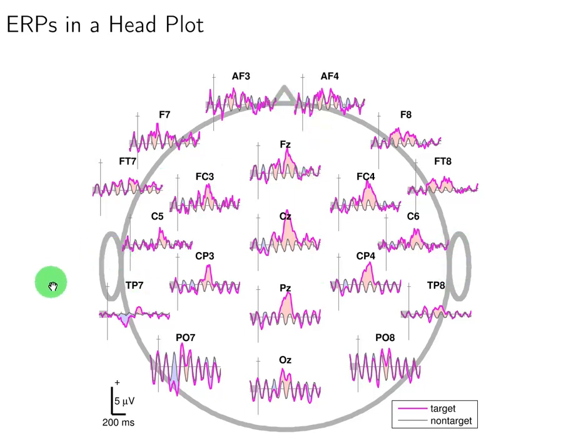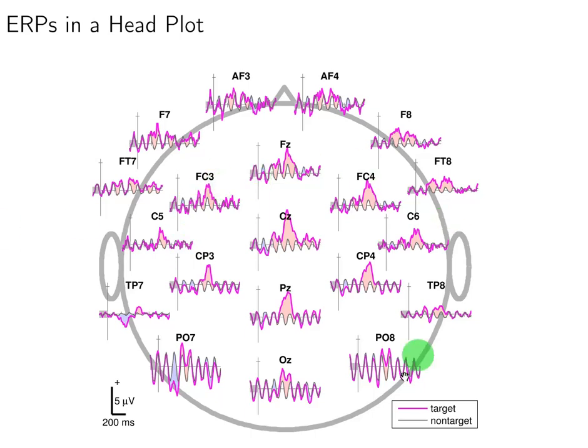So if we visualize the ERPs, in particular target versus non-target, we can see that the target, shaded in blue, is strongly different from the non-target waveform, right? And the shaded areas correspond to the difference between two classes, two different types of brain response.